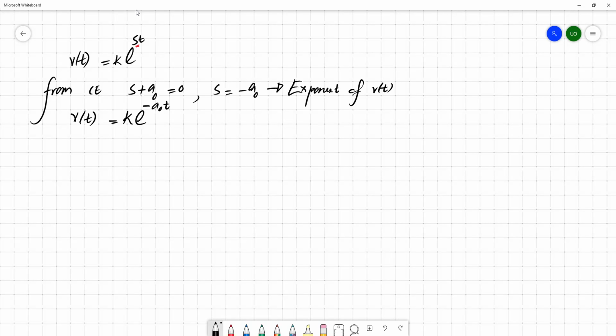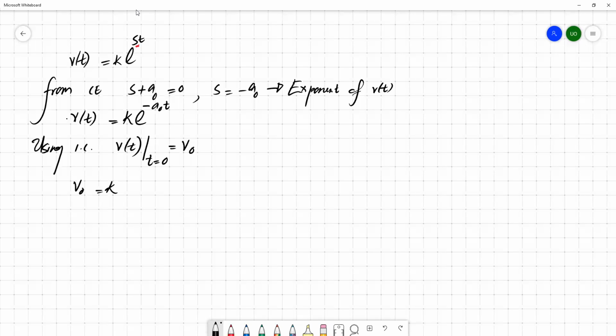So if you know the initial conditions, using initial conditions, let's assume V of t at t equals 0 is V naught. So this is your initial condition. Once you plug into this equation, this becomes V naught, this is k e to the power 0.